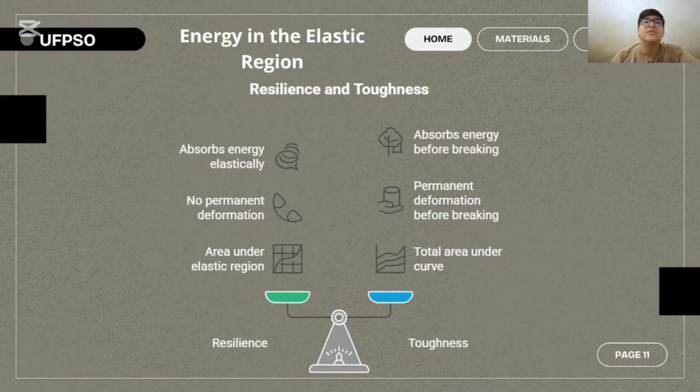Toughness. Toughness is the ability of the material to absorb energy before breaking. Unlike resilience, toughness considers the entire stress-strain curve, from loading until the fracture of the material. In the stress-strain graph, toughness corresponds to the total area under the curve.